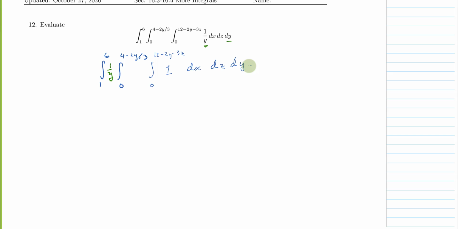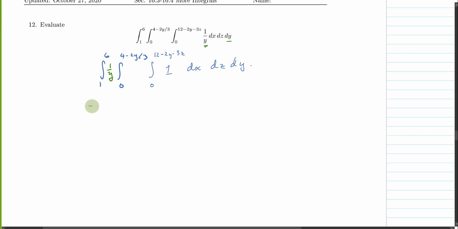Okay, so that would give us then the integral from 1 to 6 of 1 over y times the integral from 0 to 4 minus 2y over 3. And then integrating with respect to x just gives us x evaluated from x equals 0 to x equals 12 minus 2y minus 3z.